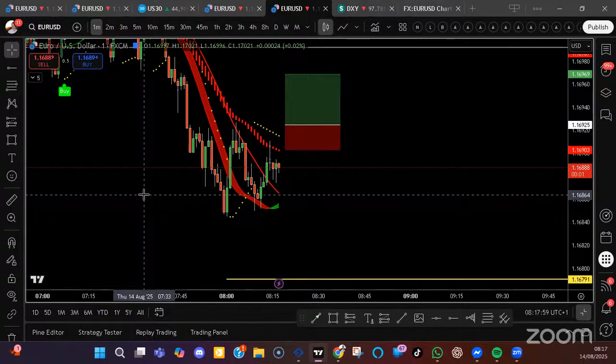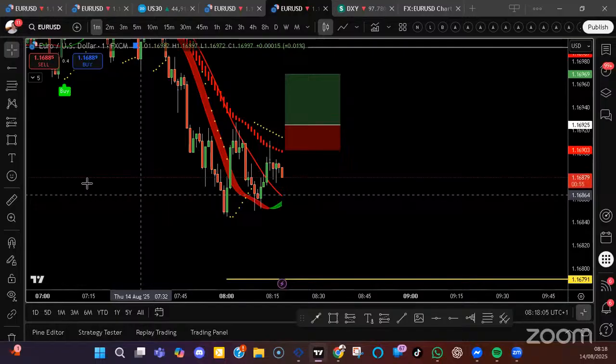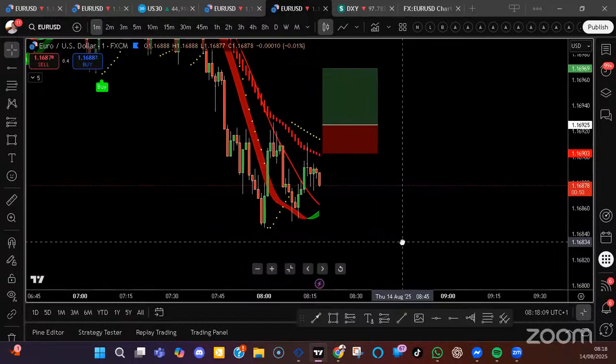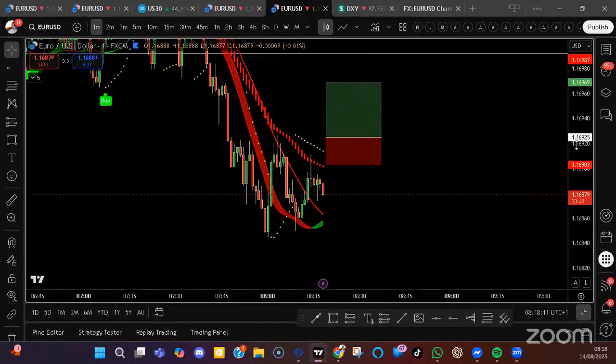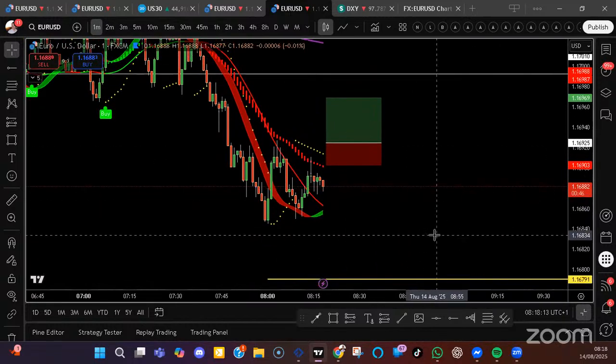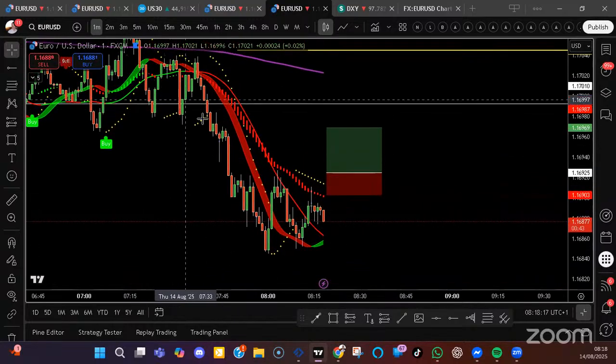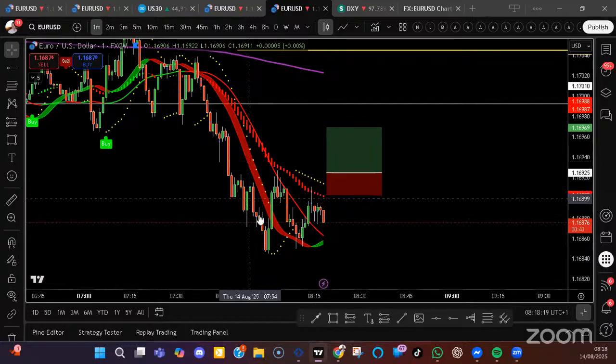Like tomorrow, for example, I usually trade between the hours of 8 and 9 because it suits my lifestyle. Also, more importantly, this is the hour, well, 7 till 9 really, when Europe opens and then London Exchange opens.